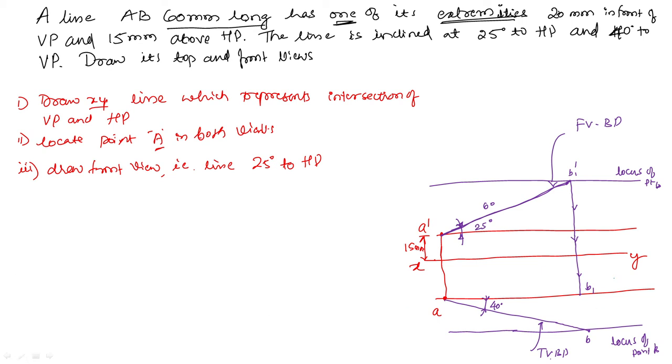Now, you got locus of A here and you got locus of B in top view. This is the locus of A in top view, and this is the locus of A in front.